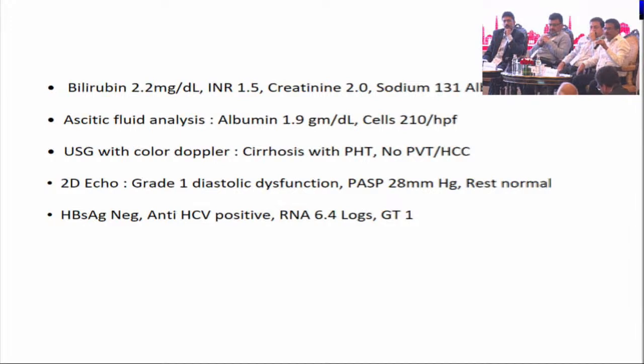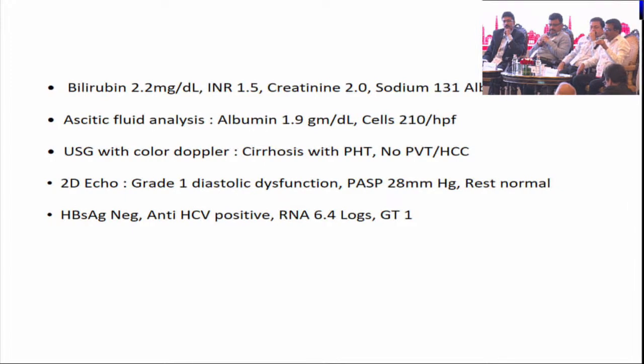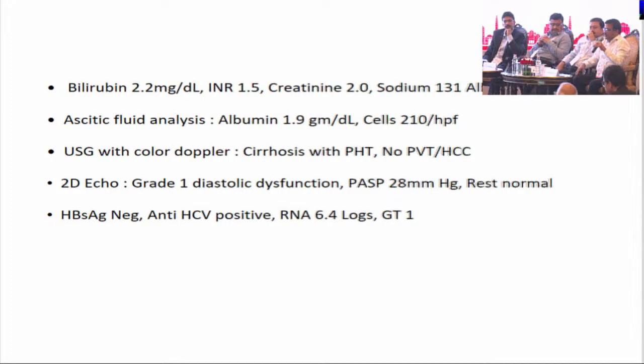So there is additive advantage of giving albumin in such patient. We have to first rule out whether we are dealing with hepatorenal syndrome or diuretic insult. And if there is hepatorenal syndrome, we have to treat this patient with vasoconstrictor, terlipressin and albumin.